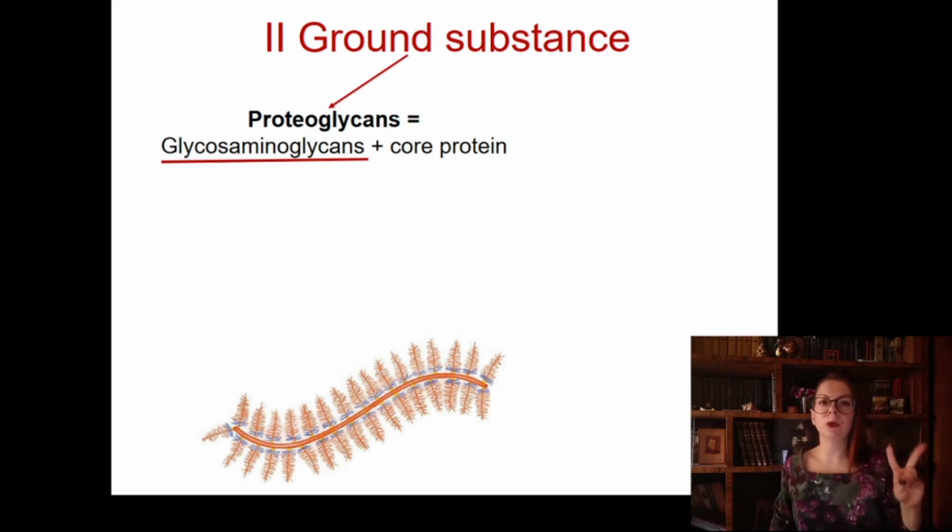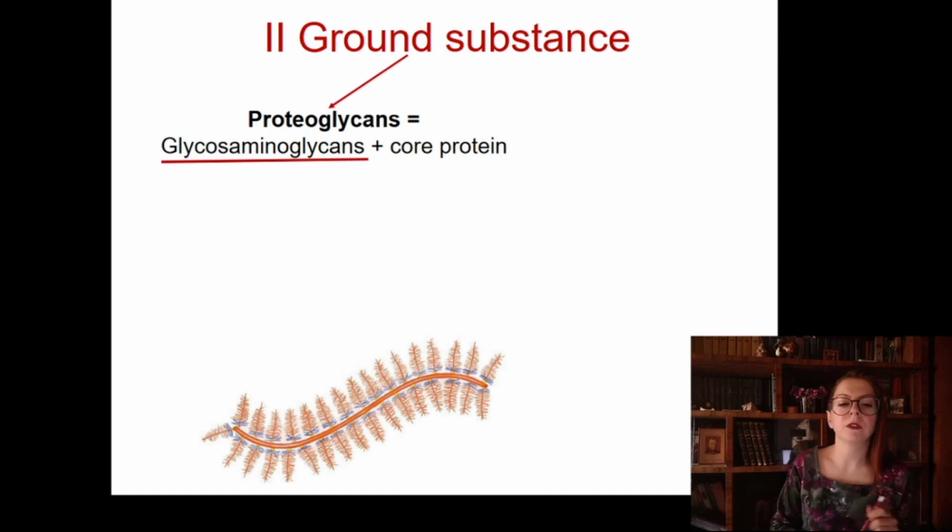So there are two main components of ground substance. First, these are proteoglycans. Proteoglycans are called so because they are made up of protein and carbohydrate or sugar molecules. And sugars predominate in the structure of the molecule. They are more numerous.